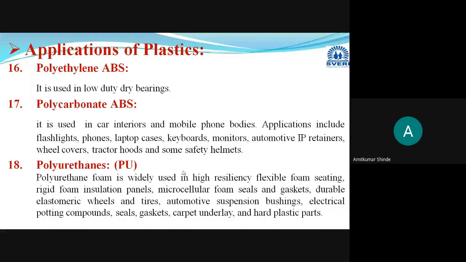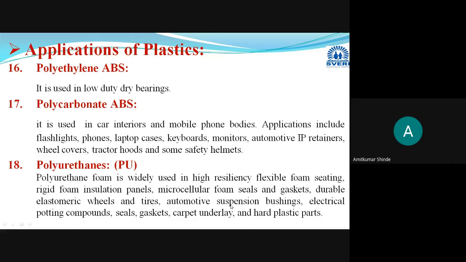Okay, so this polyurethane foam has various applications. Here I have highlighted some. Polyurethane foam is widely used in flexible foam seating, in rigid foam insulation panels, then microcellular foam seals and gaskets, then durable elastomeric wheels, then tires, then automotive suspension bushings.